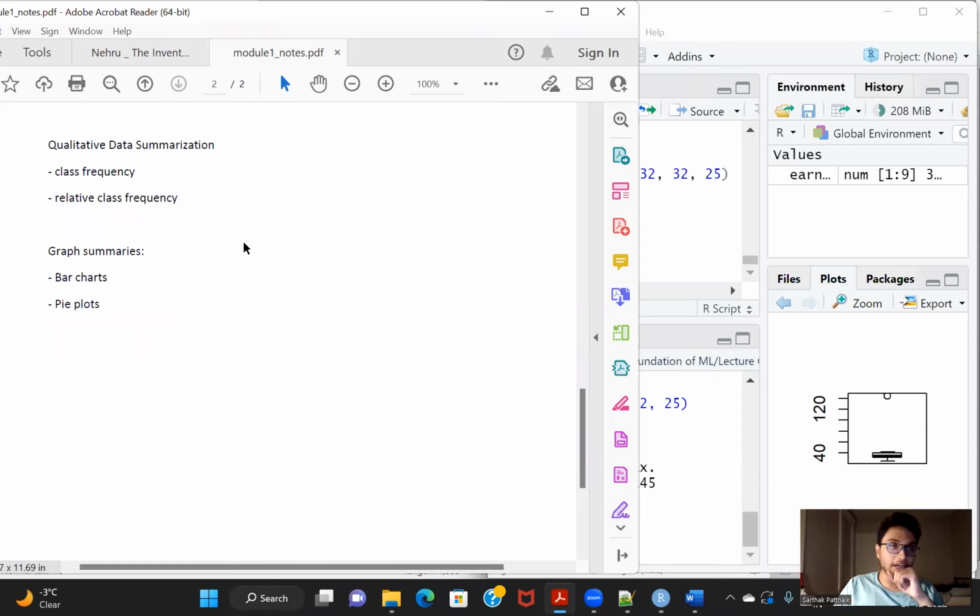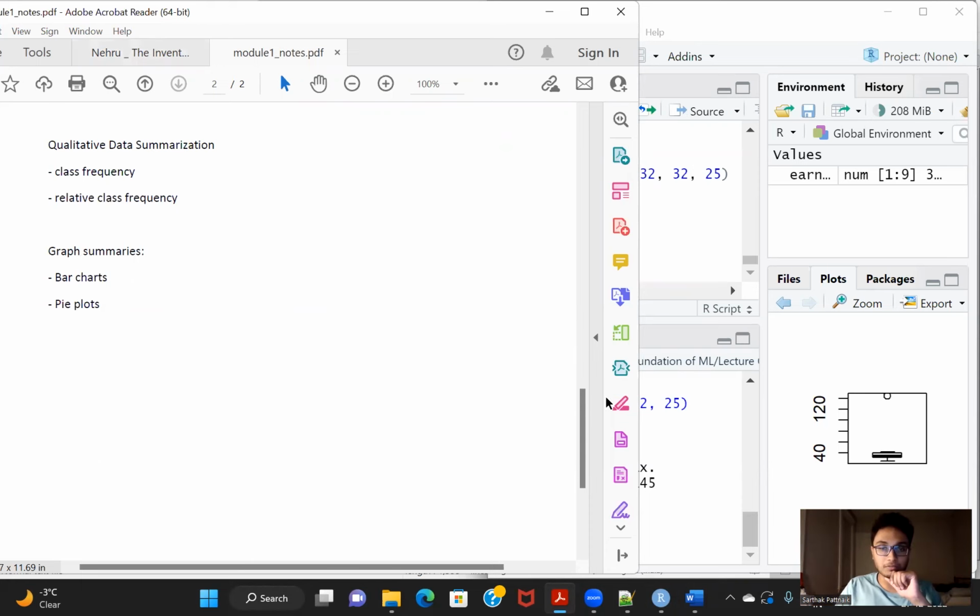Now you move on to qualitative data. To analyze qualitative data, you have class frequency and relative class frequency, which basically tell you the number of times certain categorical data is repeated in a certain feature sample.